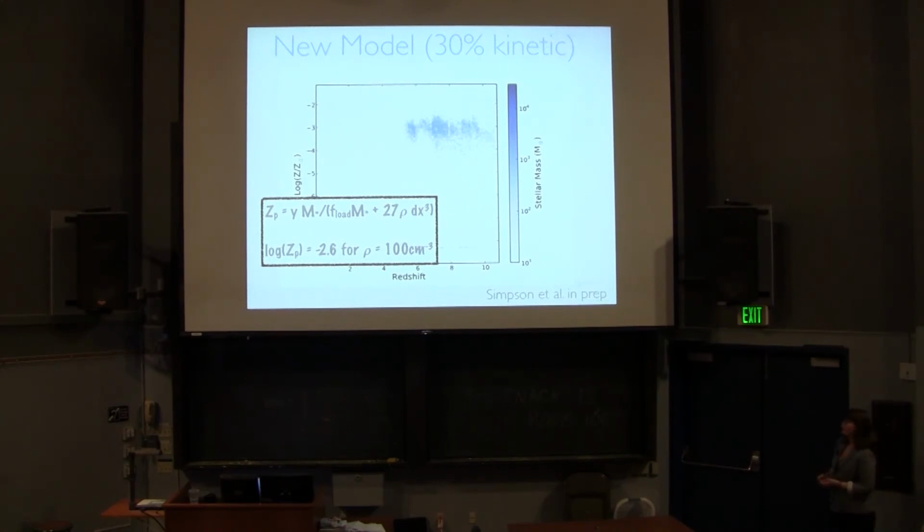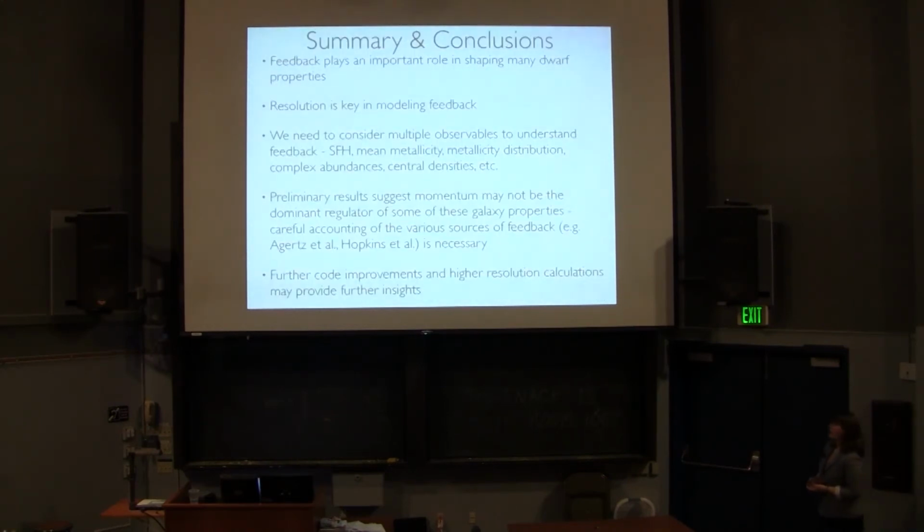So I guess I'll try and wrap this up. These are sort of obvious things, the first couple things. Feedback plays an important role in shaping many of the dwarf properties, and resolution is really key. And also, we need to consider multiple observables to understand the feedback: the star formation histories, the metallicities, complex abundance patterns, central densities.